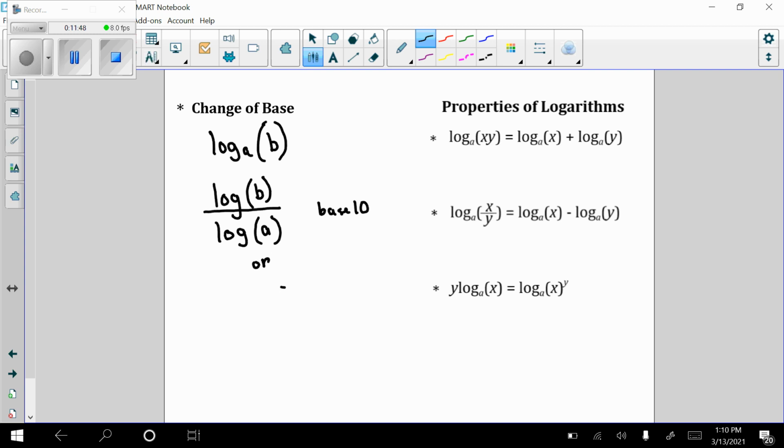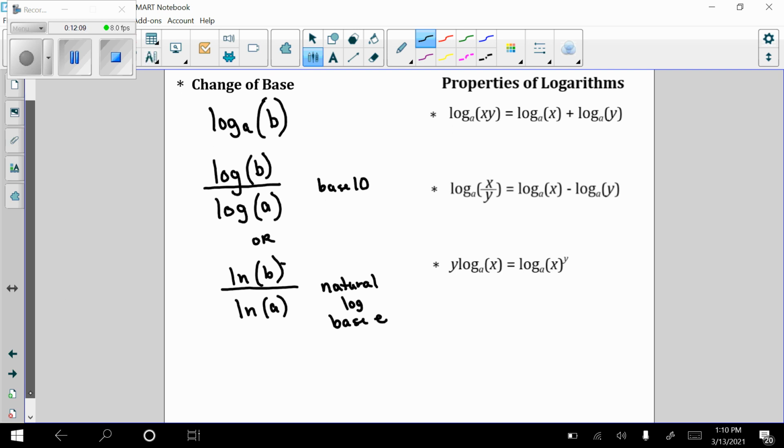Or you could change it to a natural log. So the natural log of B over the natural log of A, which is base E, if you remember.